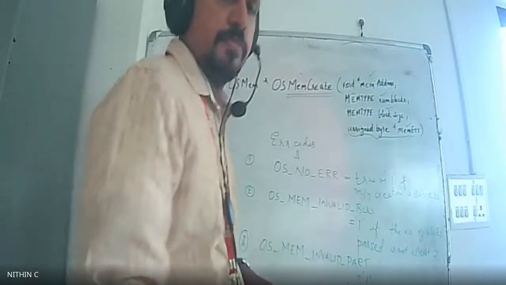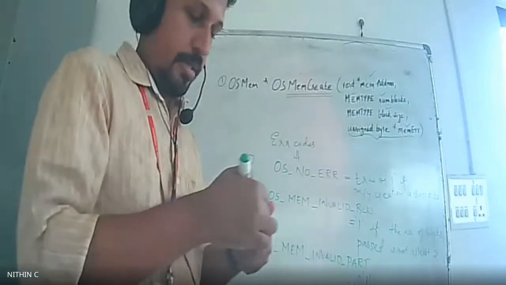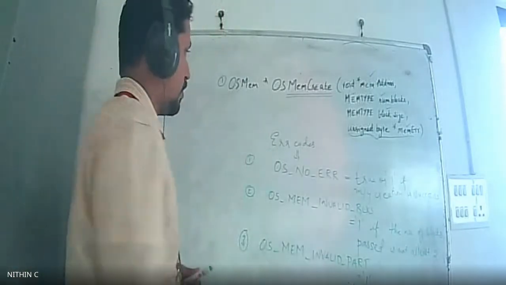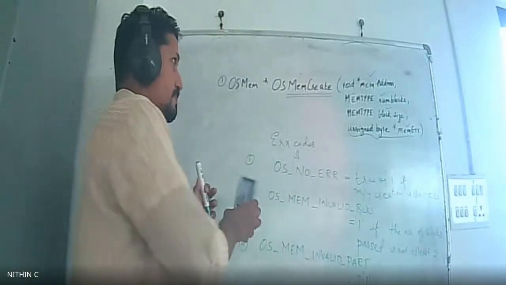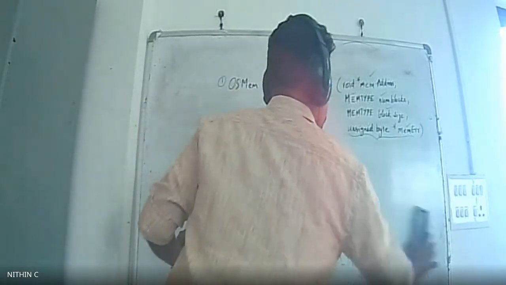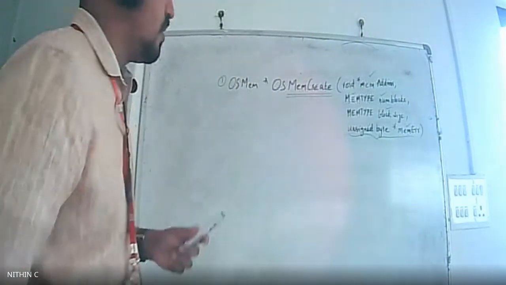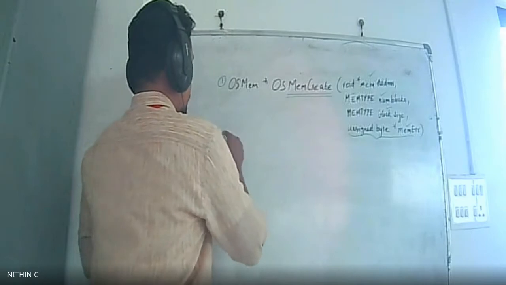Okay. So this was the first thing, and then you have 3 more. I mean, with respect to memory creation, you are having 3 more functions, and those are pretty simple. I mean, not much difficulty in studying them.